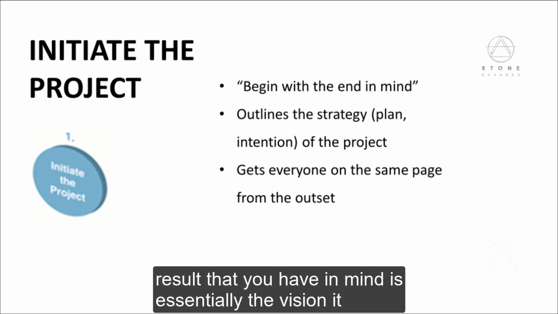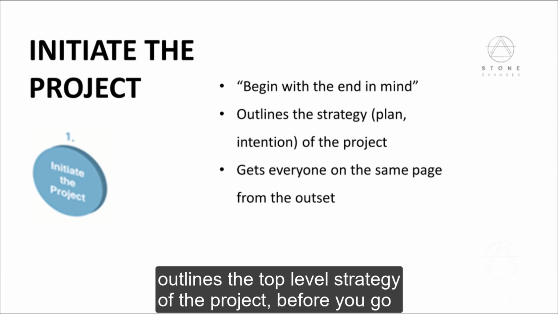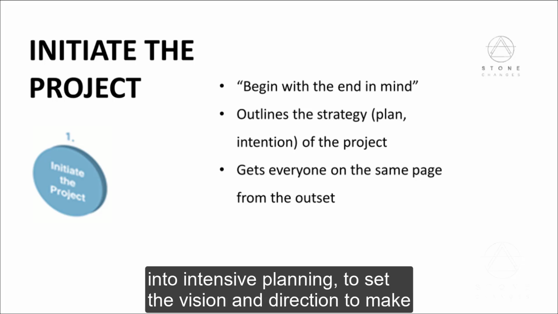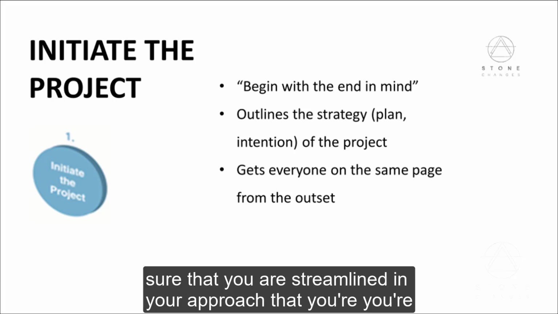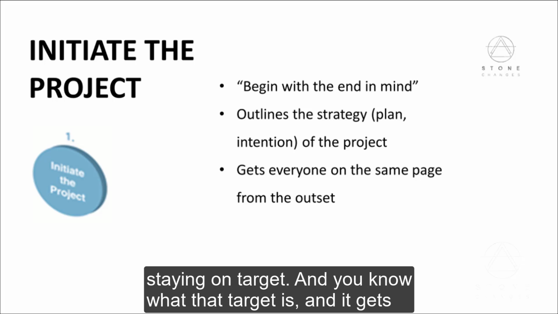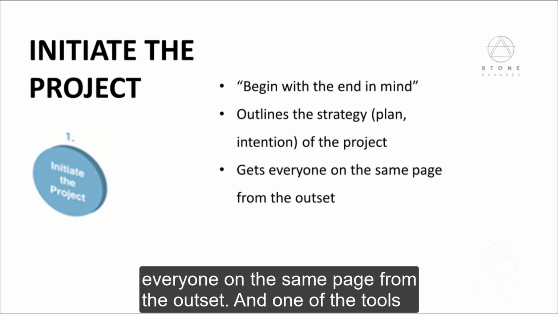It's essentially the vision. It outlines the top level strategy of the project before you go into intensive planning, to set the vision and direction, to make sure that you are streamlined in your approach, that you are staying on target and you know what that target is. It gets everyone on the same page from the outset.